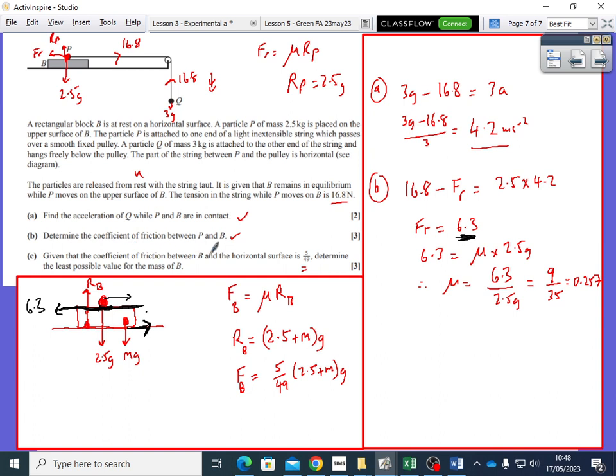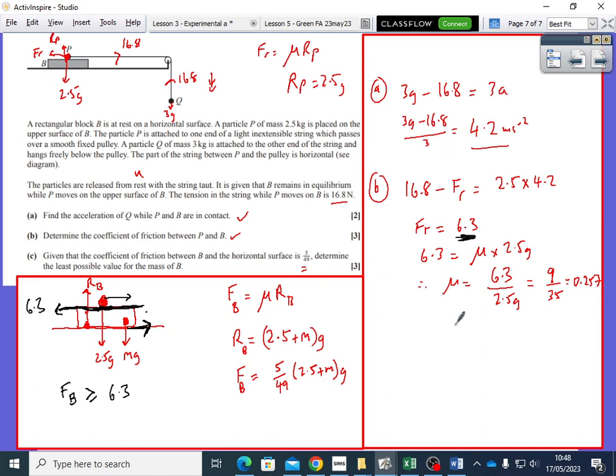Okay, so given that the coefficient of friction between B and the horizontal is that, determine the least possible. So we know that's staying stationary, so basically that is opposing that friction. So F of B is going to be greater than or equal to 6.3 in order to remain stationary.